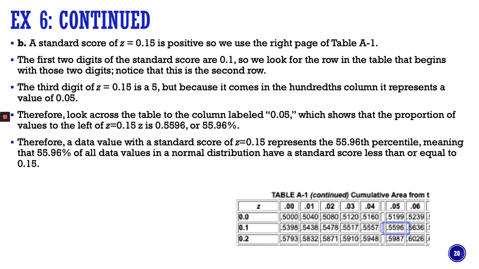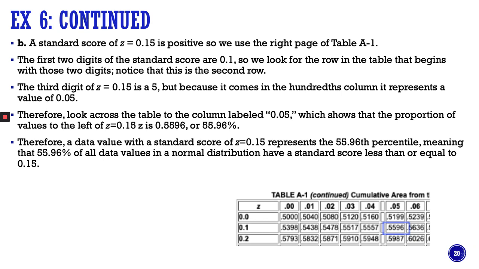So the first 2 digits are the 0.1. We look in that row, and then notice that this is the second row. And then the third digit, z is equal to 0.15. It's a 5, but because it comes in the hundredths column, it represents the value of 0.05. Therefore, you look across the table to the column which shows the proportion of the values to the left.